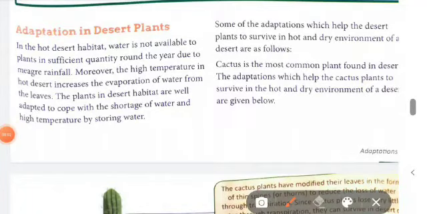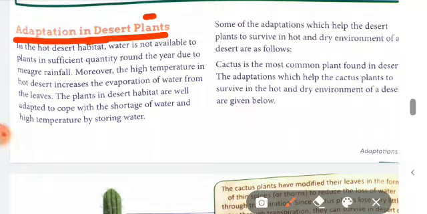In our previous video we had discussed the adaptation in desert animals, and today we will discuss the adaptation in desert plants. In the hot desert habitat, water is not available to the plants in sufficient quantity according to their need.